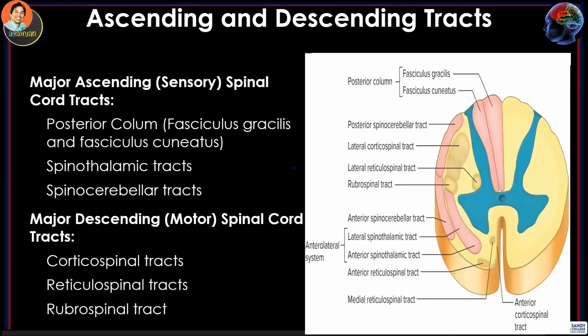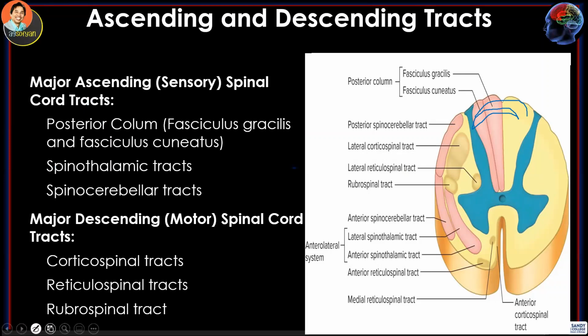Now, these are the locations of the white matter or the tracts. They have a special map or location. So the dorsal part or the posterior part over here, the white matter on the dorsal, posterior area, all of it is white matter for the ascending tract.